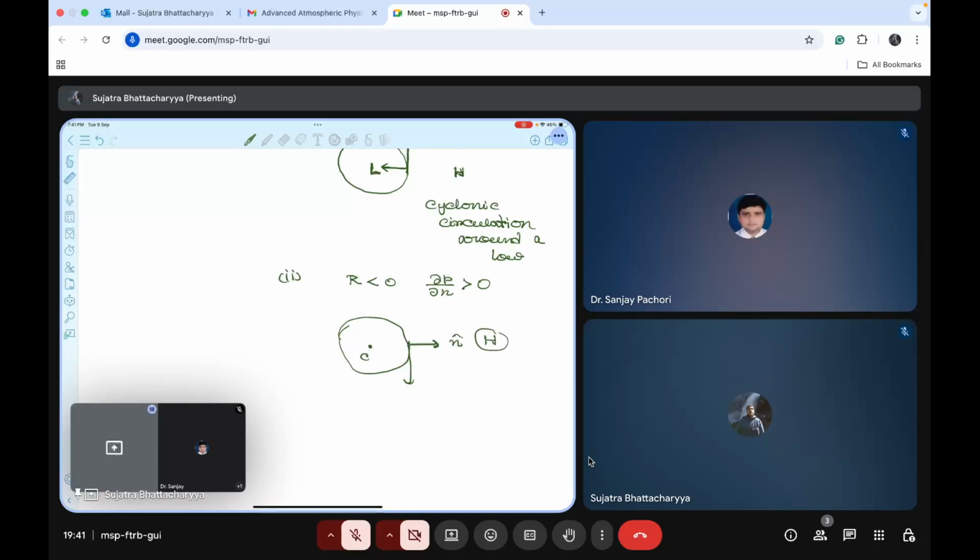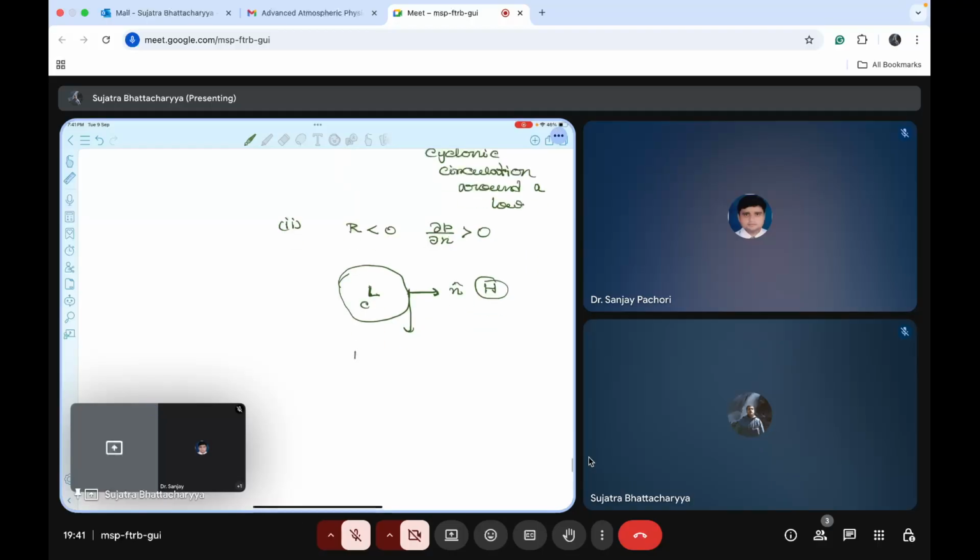So this is high, this is low. So it is anti-cyclonic circulation around a low pressure system. This is not generally visible, but it is a mathematical solution. Sometimes it might be visible. So these are a couple of things.